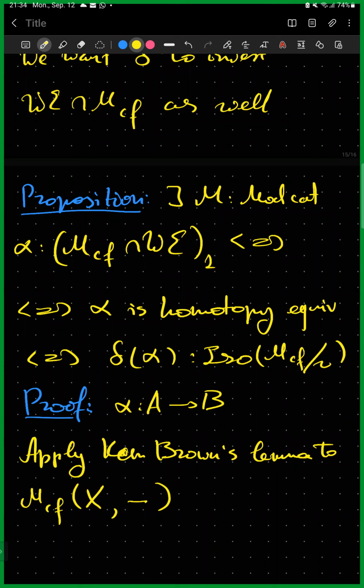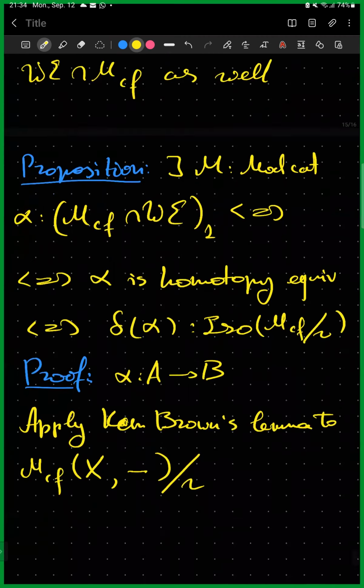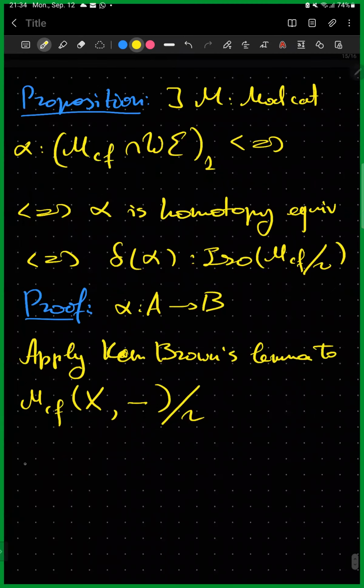So by the proposition above, if X is fibrant and cofibrant, then alpha star is an isomorphism.